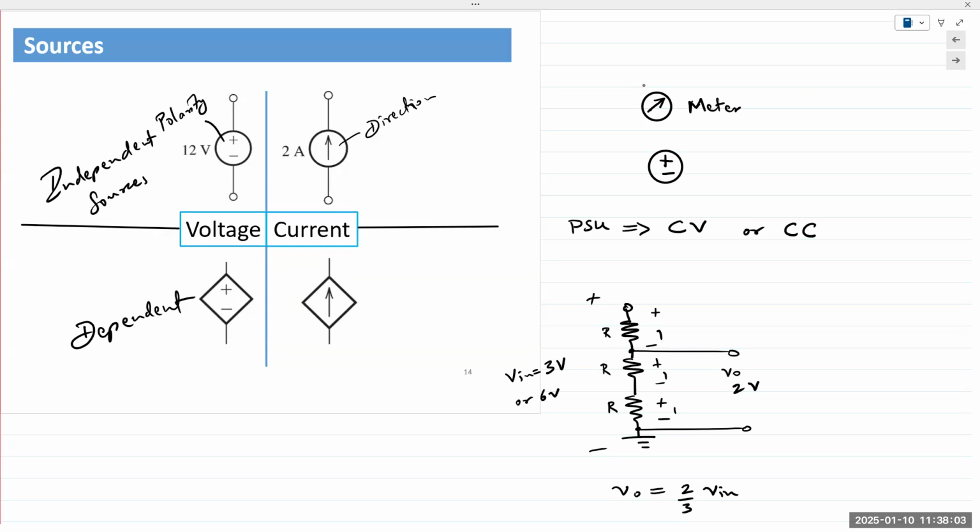I can still predict what the output voltage is going to be. 2/3 of 6, right? 2 volts. I mean 4 volts. So V out is dependent on some other part of the circuit, and it's a dependent source.